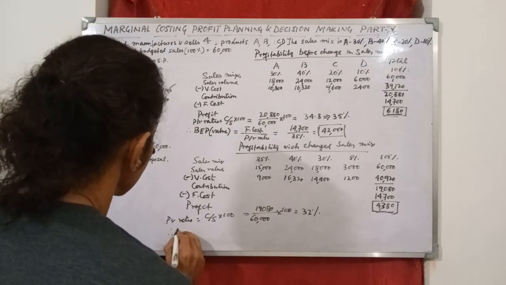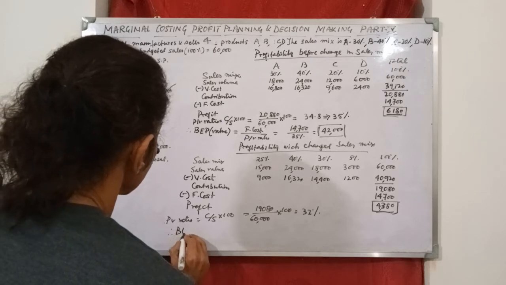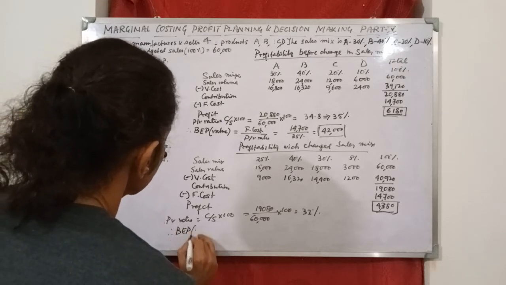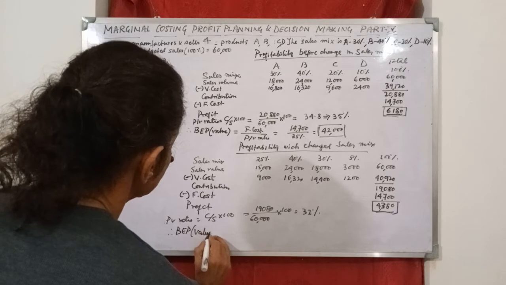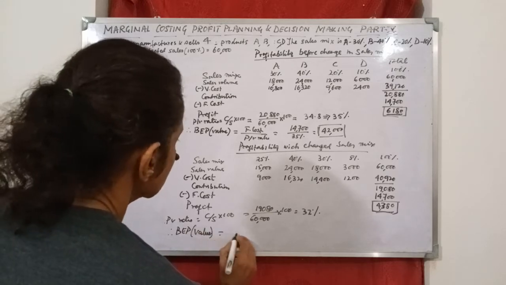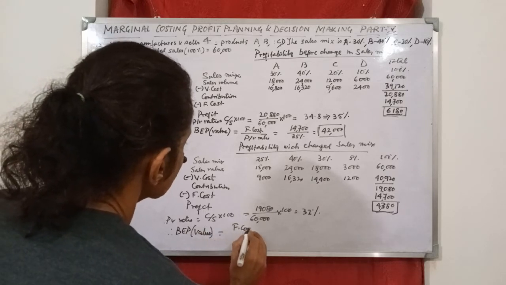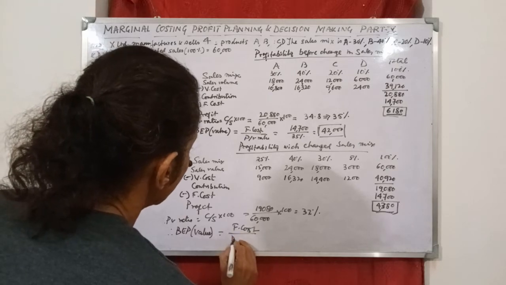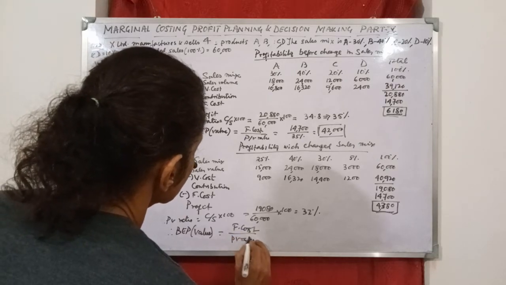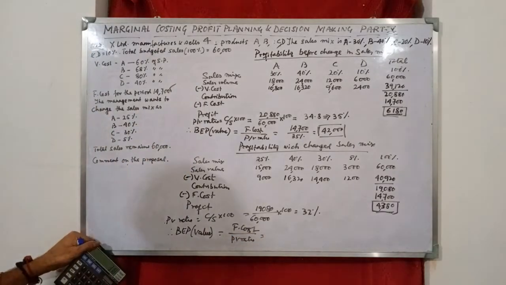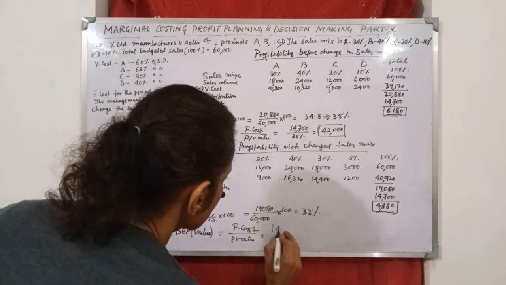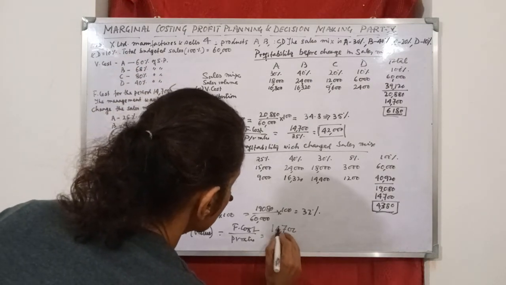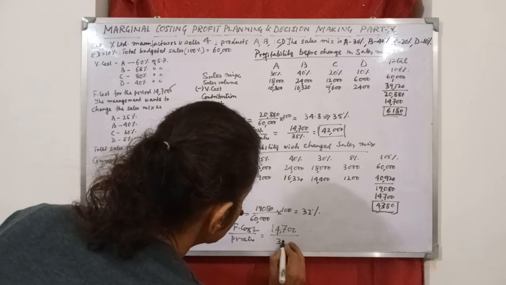Therefore, BEP in terms of sales value is equal to fixed cost divided by PV ratio, that is equal to 14,700 divided by 32%.